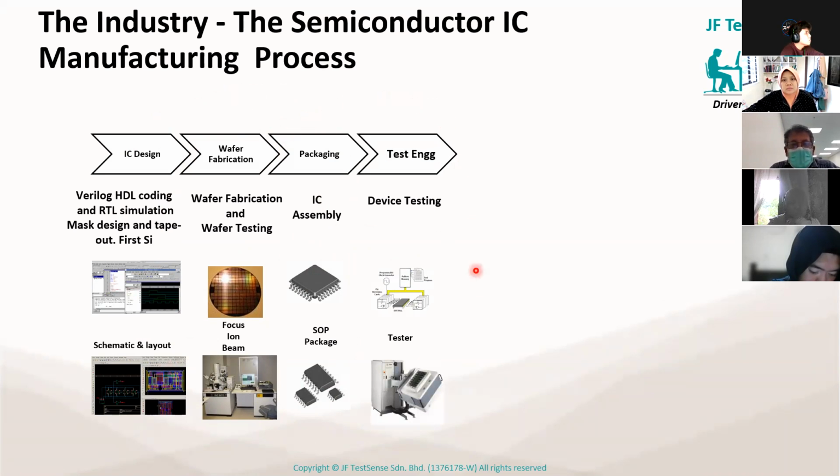This is where test engineers come in. After packaging, the obvious step is to test the device. Why do we test? We want to make sure that the IC functions after all this processing. The IC may be good during the wafer fabrication process, then during the IC assembly, something may go wrong, and we need to test these devices thoroughly to make sure they are still functioning per their data sheet.